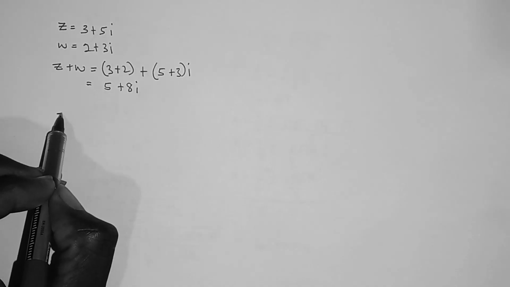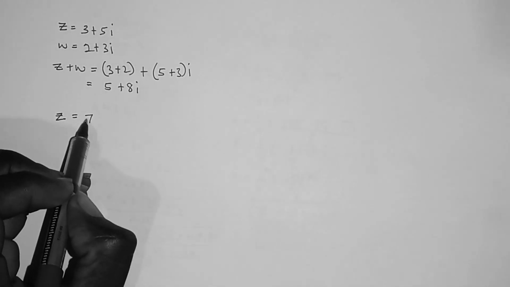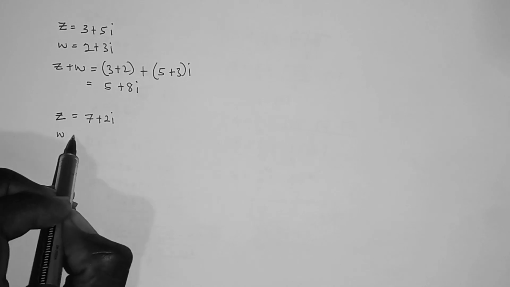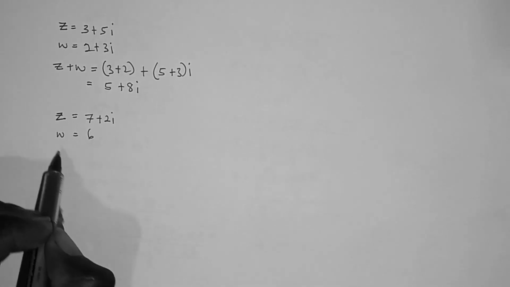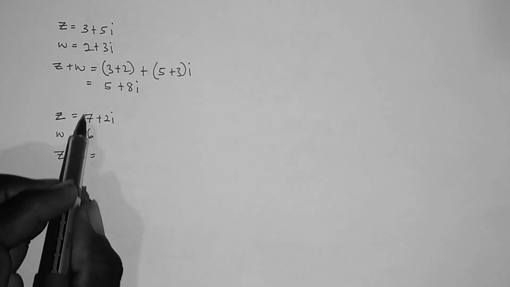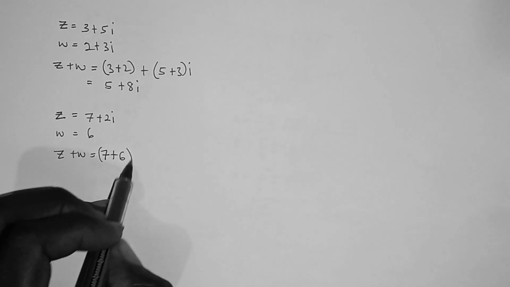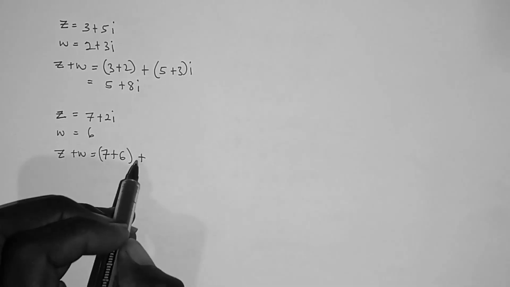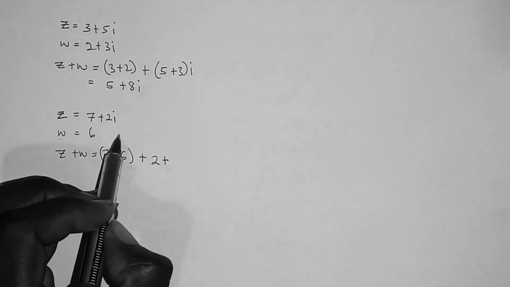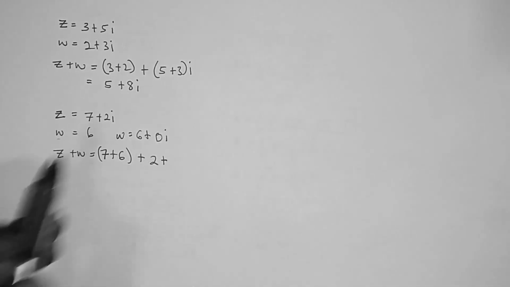What about z equals 7 plus 2i, and then w equals 6. What is z plus w? It's equal to, you add the real part, which is 7 plus 6, and then plus the imaginary part, which is 2 plus... Now this w can be written as w equals 6 plus 0i.